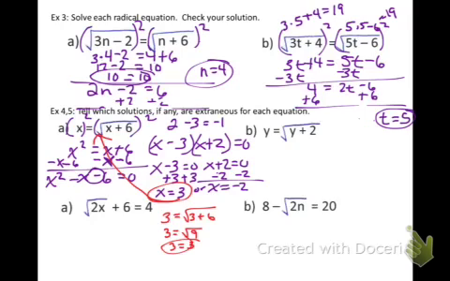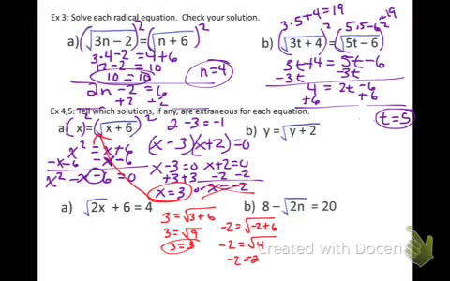So yes, x equals 3, so let's try the next one. Negative 2 equals square root of negative 2 plus 6. Negative 2 equals the square root of 4. 2 equals negative 2. No, it does not work. So that's your extraneous solution. So you cross it out, so x equals 3 is your only answer.